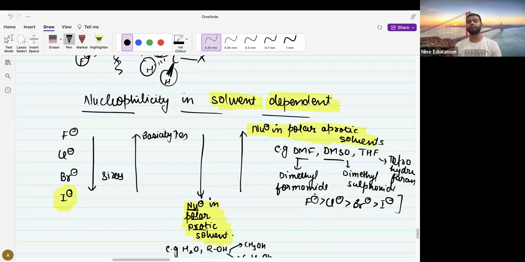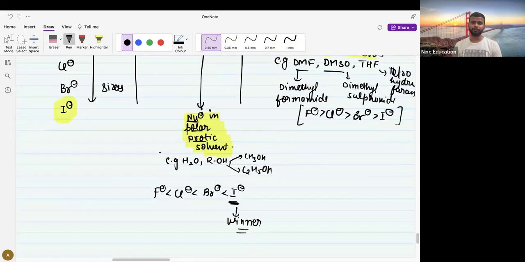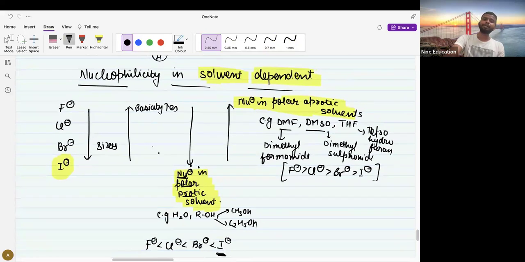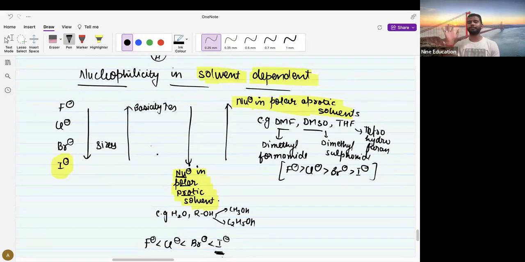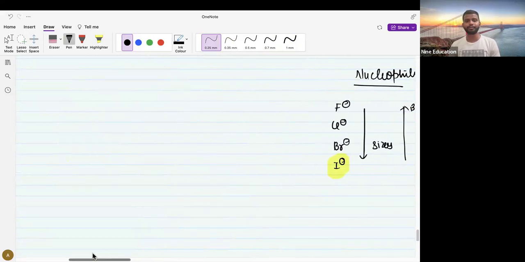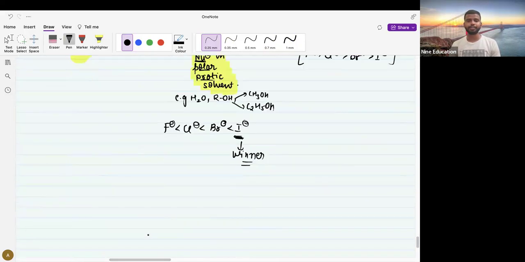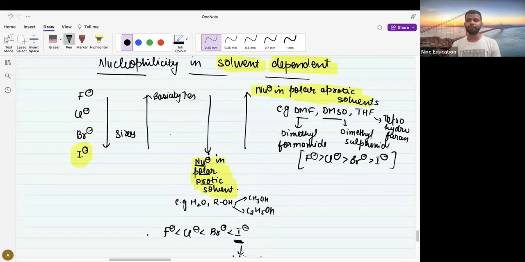This is our main point of today's class, that nucleophilicity depends upon the solvent. And why it is dependent, leave that to me. Next class we will discuss it in detail.